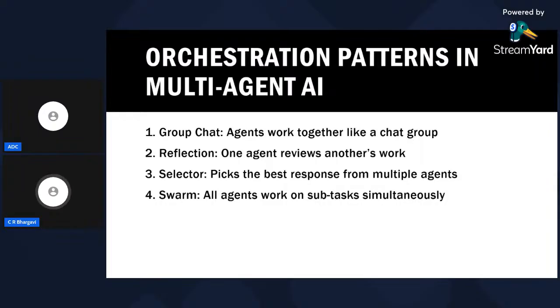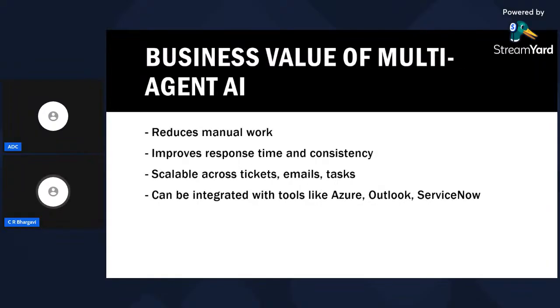That would be running in a parallel way, and you would be running those in parallel, and you can achieve the same kind of end result in a better way.